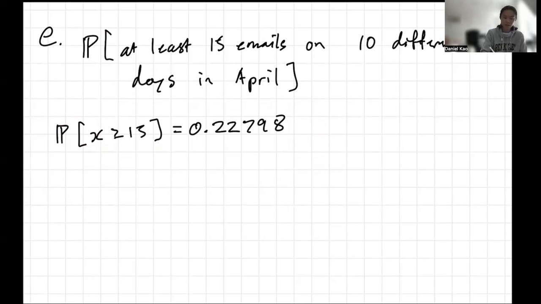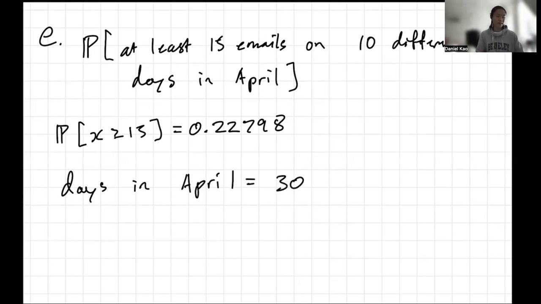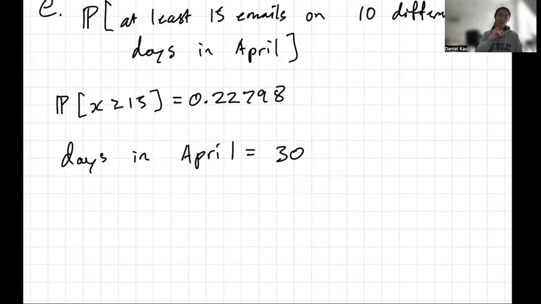Well, first, how many days are in April? And I'm ashamed to say I had to look this up, but this happens to be 30. Great. And then what are we asking for? We're asking for 10 different days where event P happened, right? So perhaps to make this even more transparent, let's just come up with one example, right?